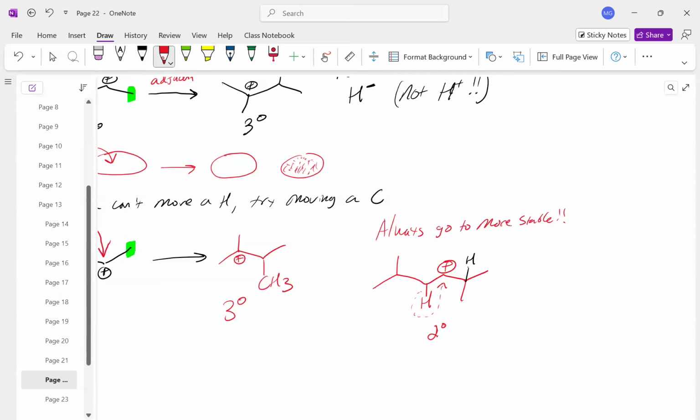No, I would be going from secondary to secondary. But if I were to do this, now I've gone from secondary to tertiary. I've gone more stable.